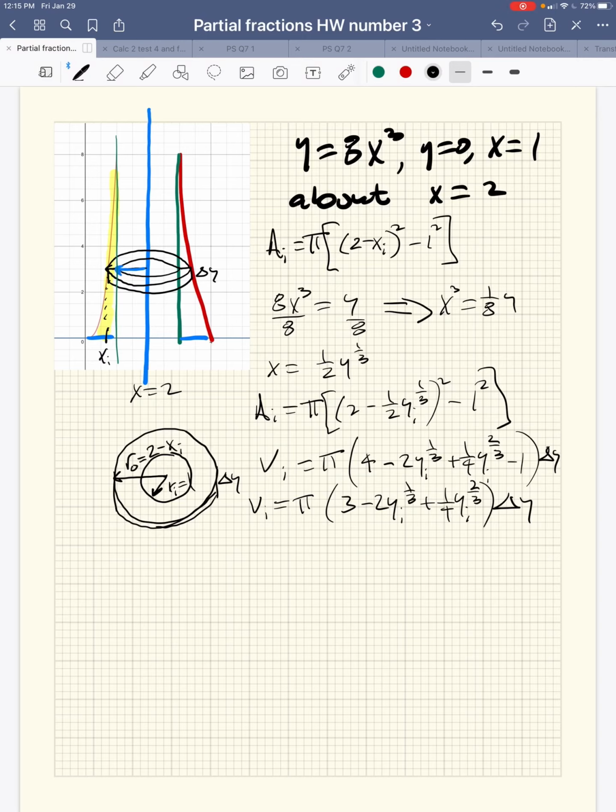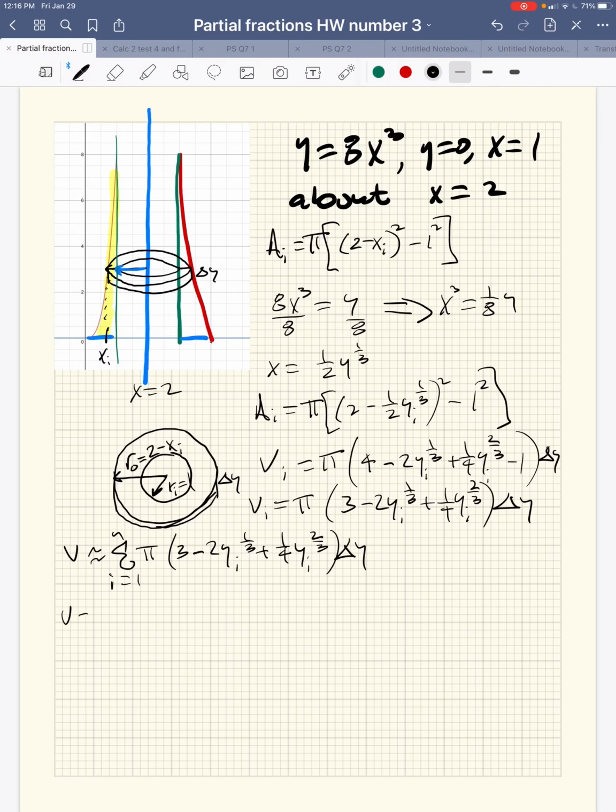Okay, so now an estimate of the entire volume would be the sum from i equals 1 to n of pi times 3 minus 2 y sub i to the 1/3 plus 1/4 y sub i to the 2/3 delta y.